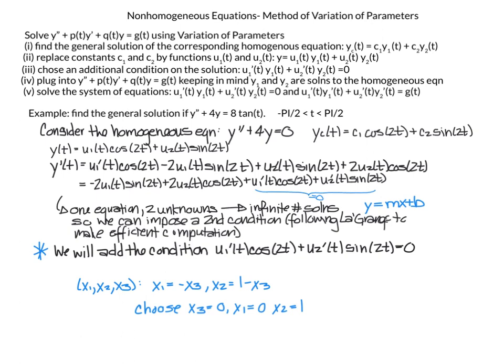I only threw them up to illustrate, one, how we have an infinite number of solutions, and two, how it's okay to throw in an additional constraint and to choose that constraint to make our calculations easier down the line. So I added this additional constraint, and Lagrange is the person who showed us a constraint that will make our calculations easier down the road.